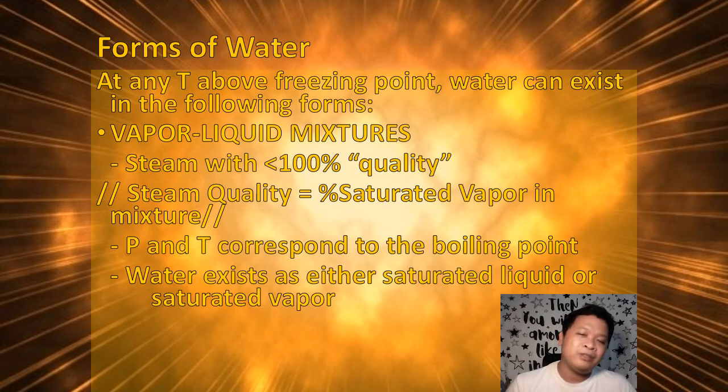So for example, if you have steam with 1% quality, halimbawa, then that simply means you have a vapor-liquid mixture wherein 1% of the mixture is vapor and 99% is saturated liquid. Okay?